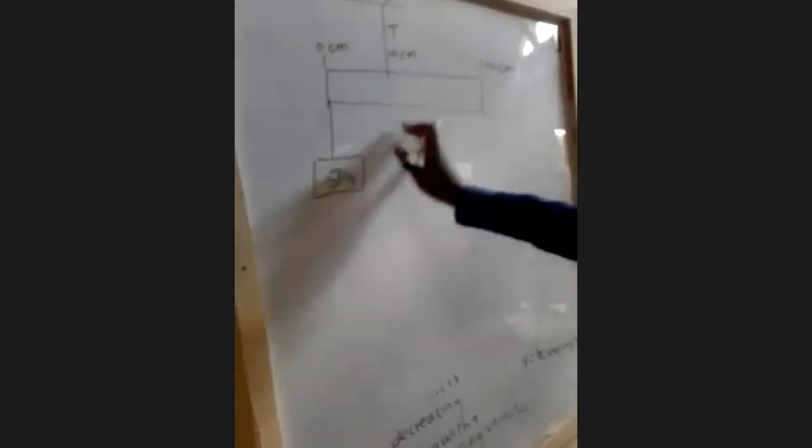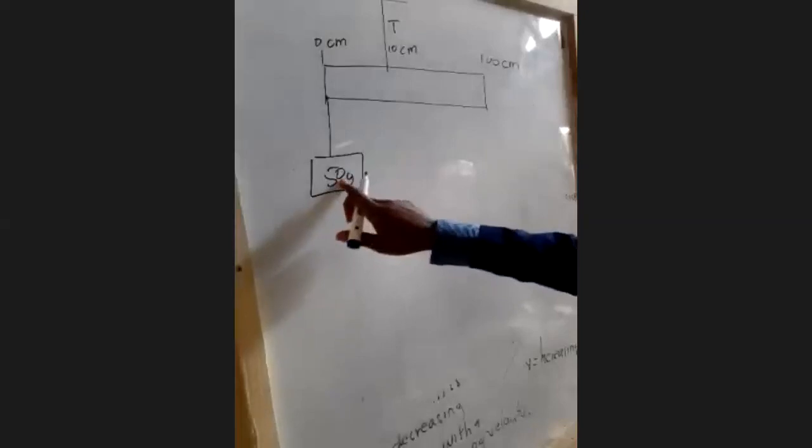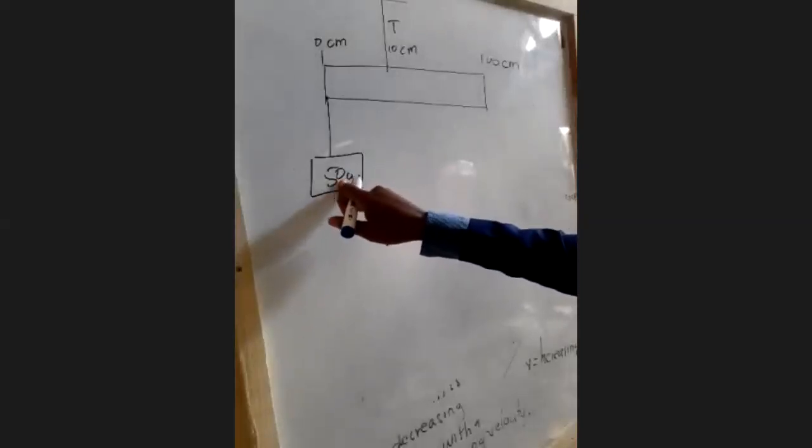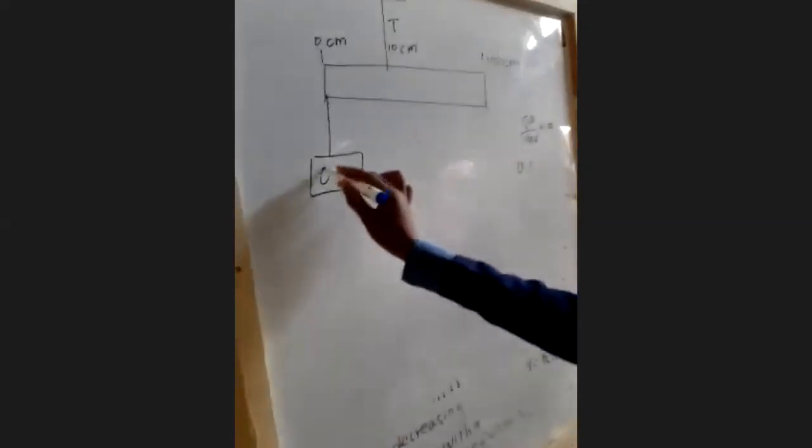With that, we are going to change this first into Newton, and that is 50 over 1,000 times 10. We're going to get 0.5 Newton.